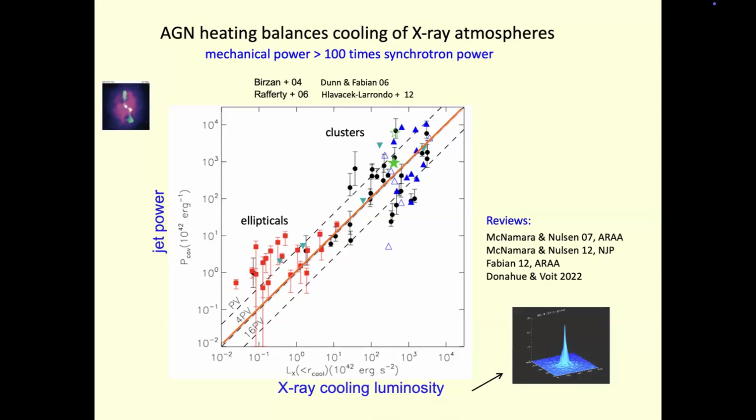We have many fewer photons. But there is an indication that feedback is a continuous process down to low halo masses. It's still an open question, and it will be explored in an exciting way when AXIS is launched.